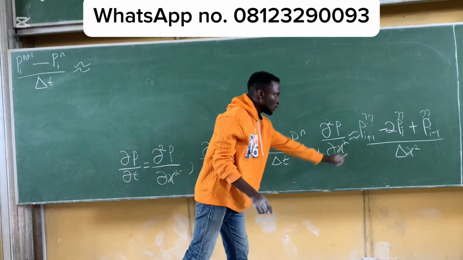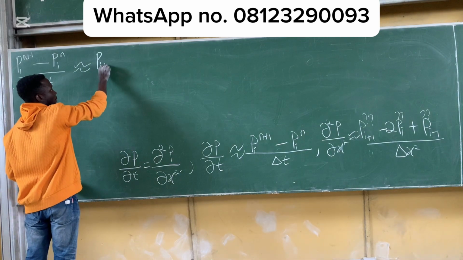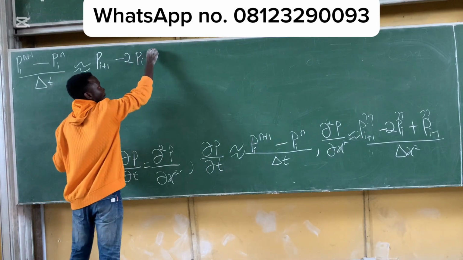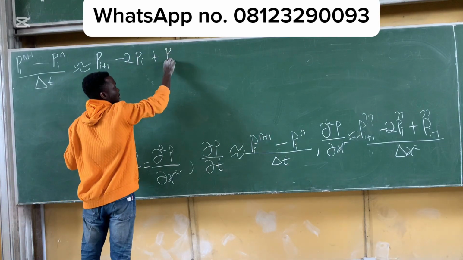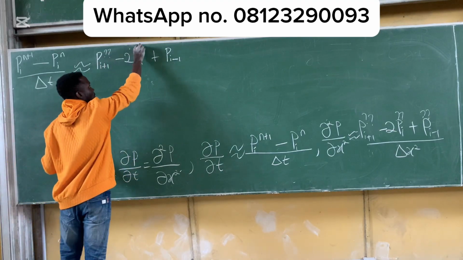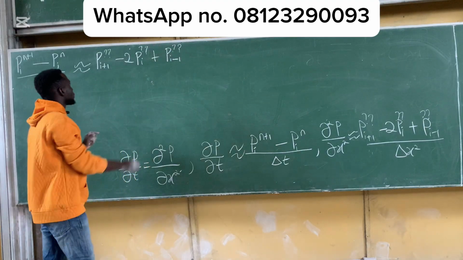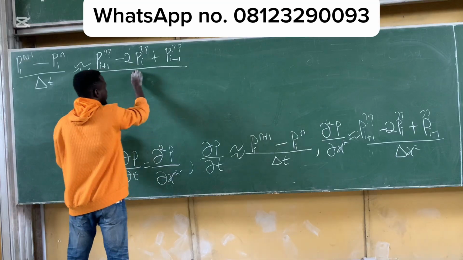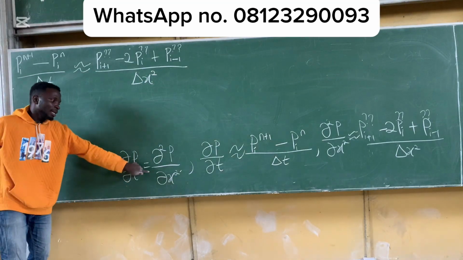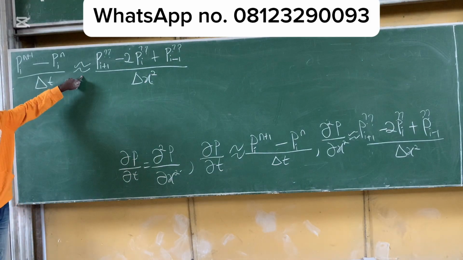Which is equal to this: Pi plus 1 minus 2Pi plus Pi minus 1. Remember, we don't know the time level for this partial derivative. So everything here is divided by what? Delta x squared.